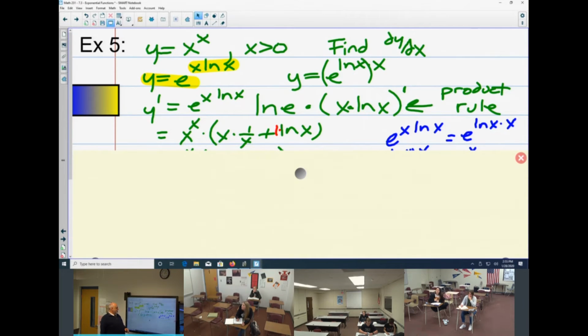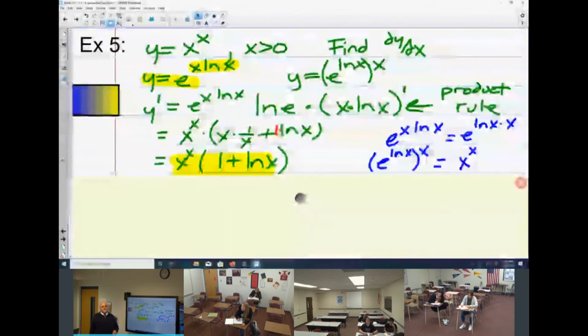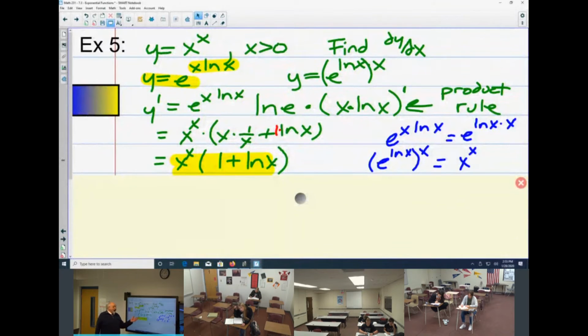Then if I clean up the part in parentheses, the x's cancel, so I get 1 plus natural log of x. I've highlighted it because this is the final answer. So the derivative of x to the x is x to the x times 1 plus the natural log of x.